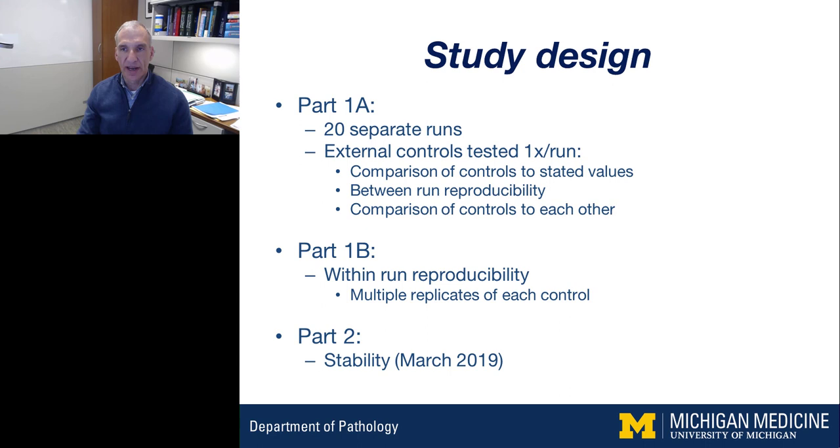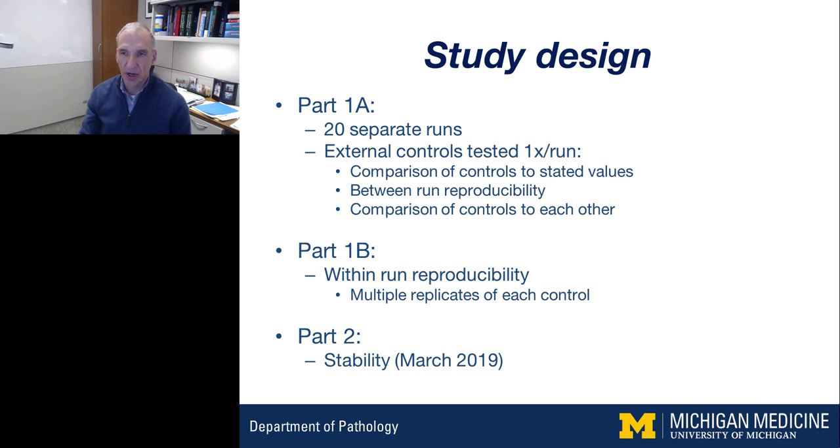So in part 1A, we had 20 separate runs where the external controls were run one time. We looked at the comparison of the controls to the stated values, between run reproducibility, and comparison of controls to each other. In part 1B of the study, we performed within run reproducibility. And so we had multiple replicates of each control that were run on one plate.